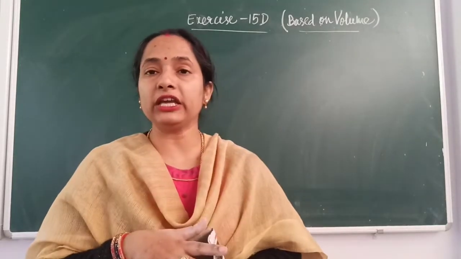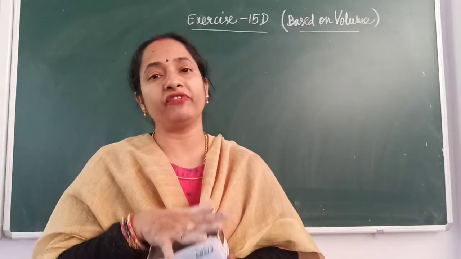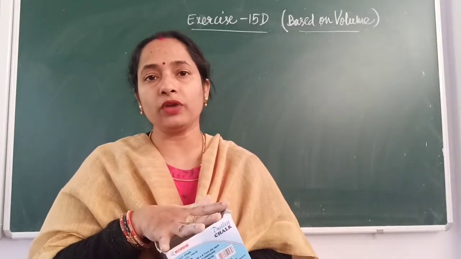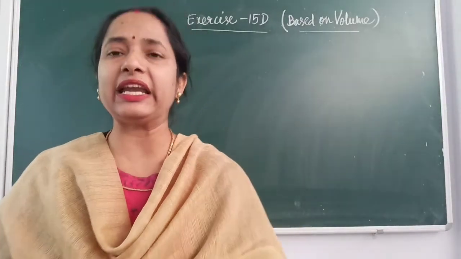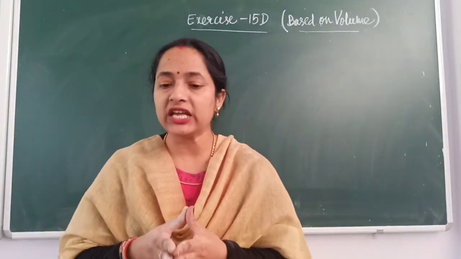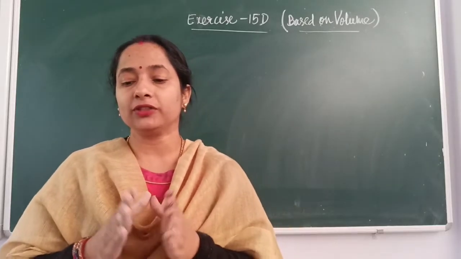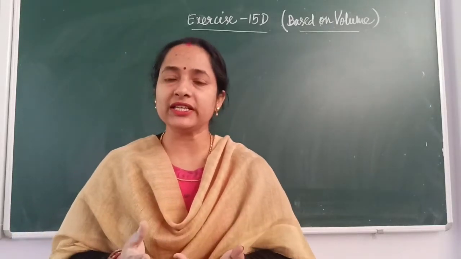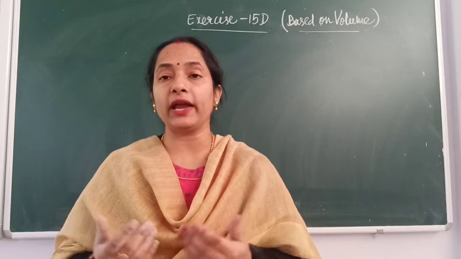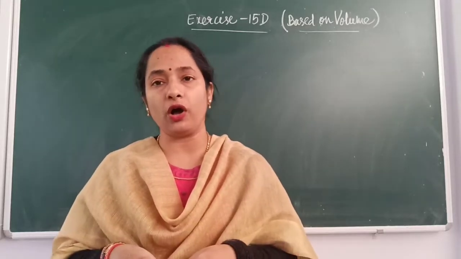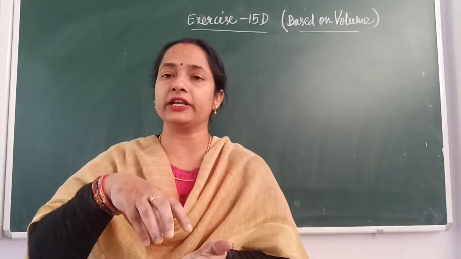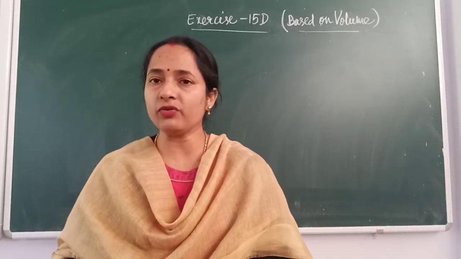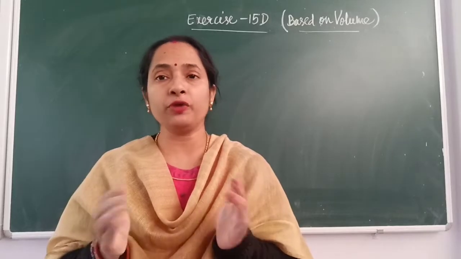So the quantity of oats filled in this box will be equivalent to the volume of the box. What is the greatest amount of oats in cubic centimeter the box can hold? Obviously, children, the maximum quantity of oats that can be filled in this box will be equivalent to the volume of the box.